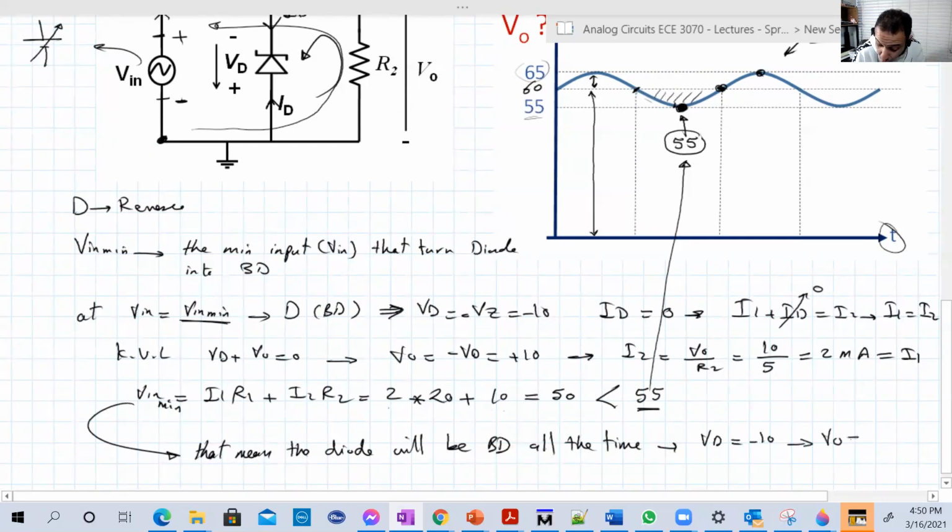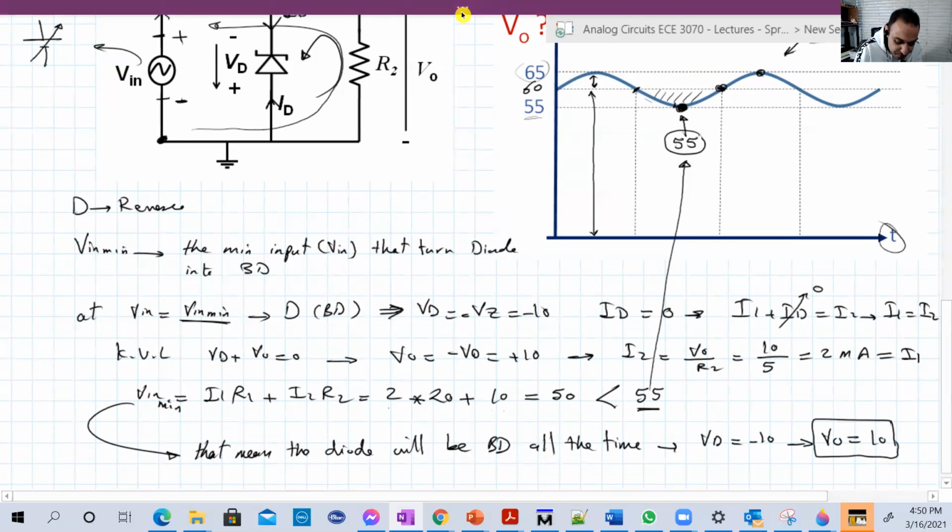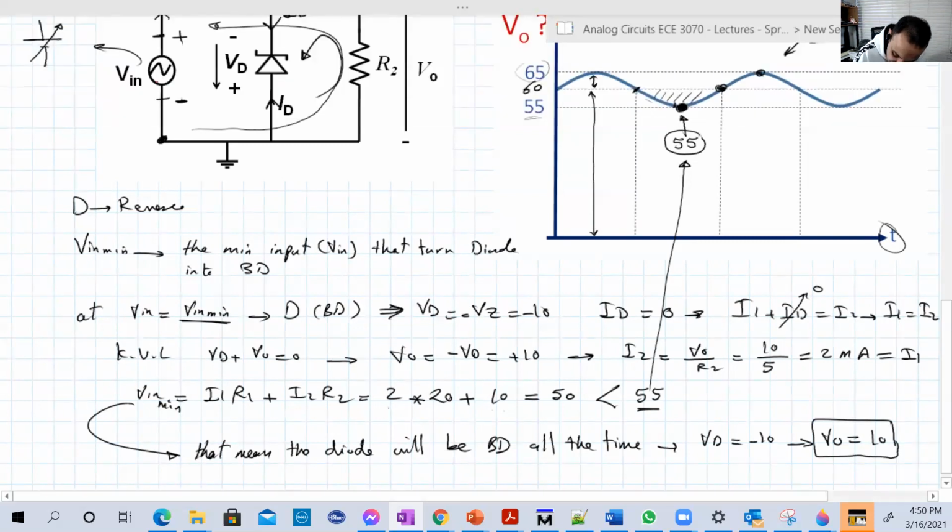So all the time Vo will be equal to 10 volts, constant. Now let's draw Vo. Let's assume this is a 10. So Vo is just a 10 like this, which is perfect DC. And that's how the regulator works.